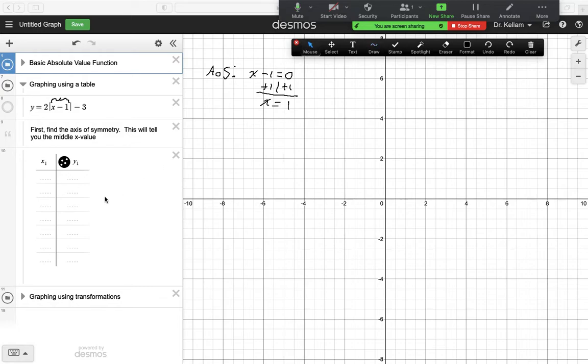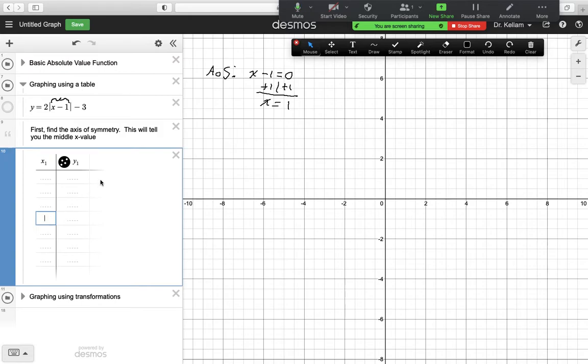All that value tells me is the middle x value I choose. So what I have here is a table set up to give 7 x values. So that fourth x value, I'm going to make a 1.